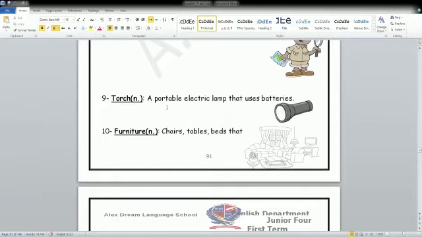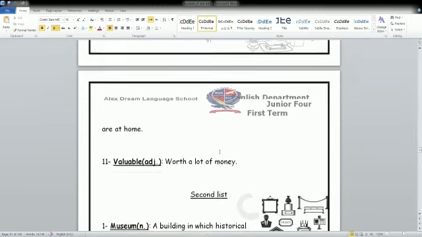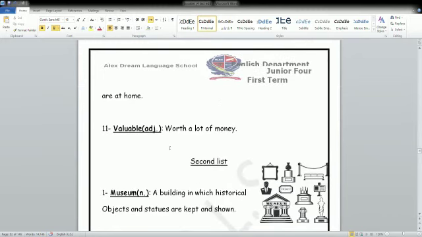Next, we have the word furniture. Furniture means chairs or tables or beds that are in our home. Number 11, valuable. This is an adjective, used when we describe something.